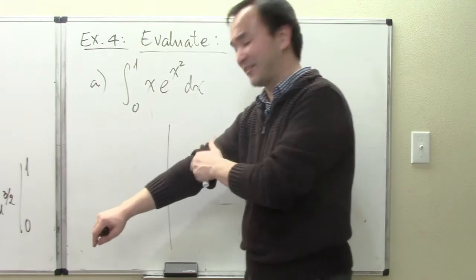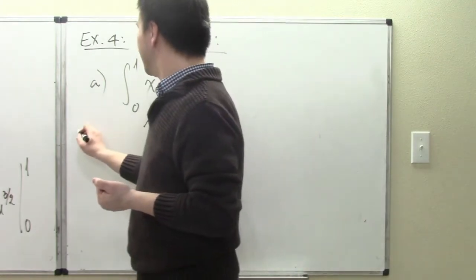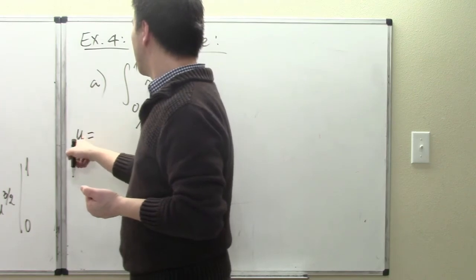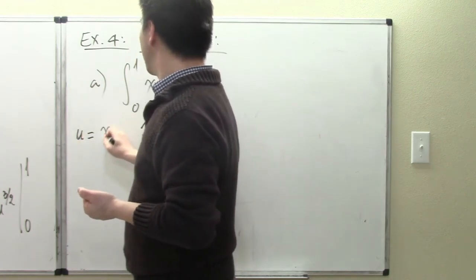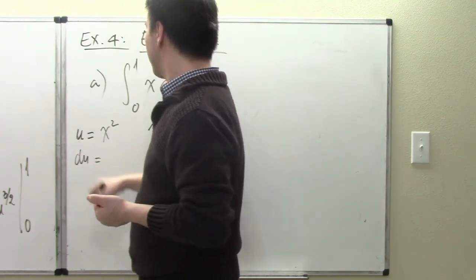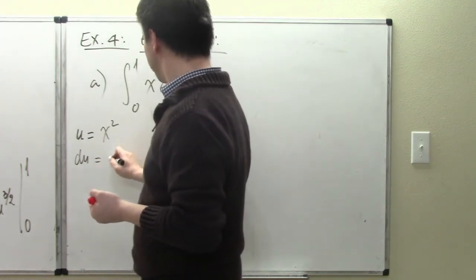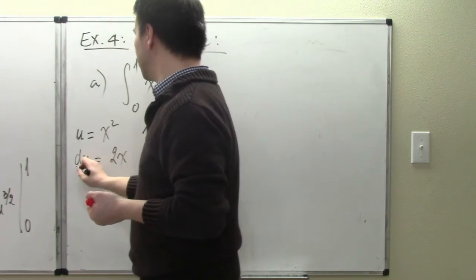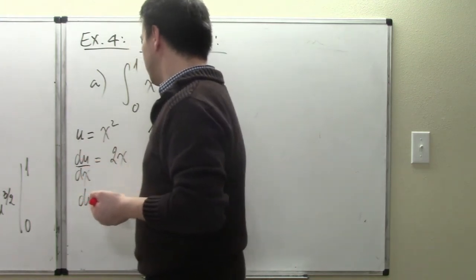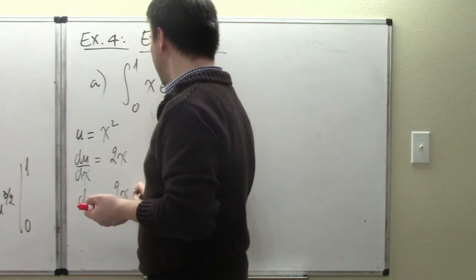You can try again, right? So we can try u equal x squared. Okay, so du dx will equal 2x, and so that means du itself, as we solve for that, is 2x dx.